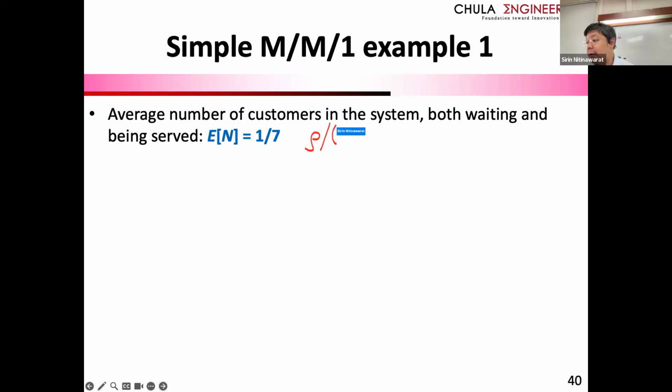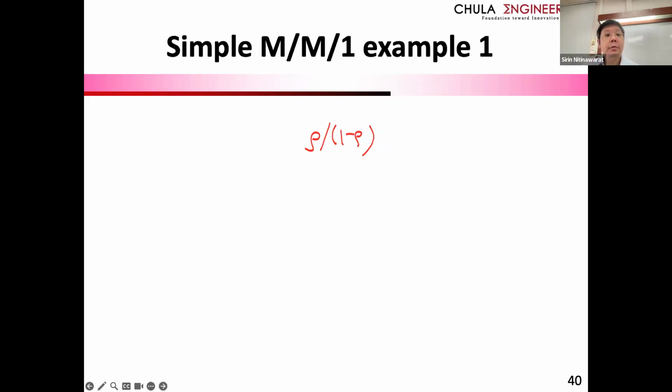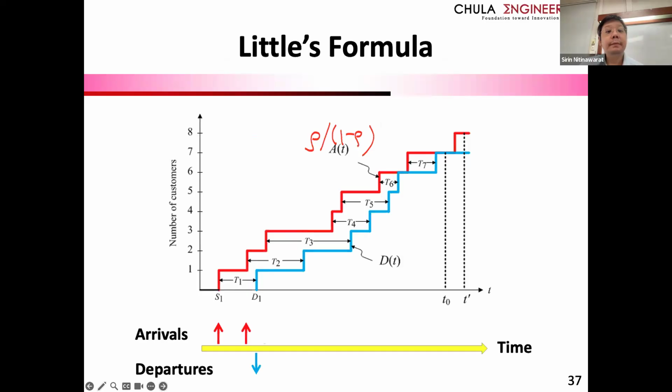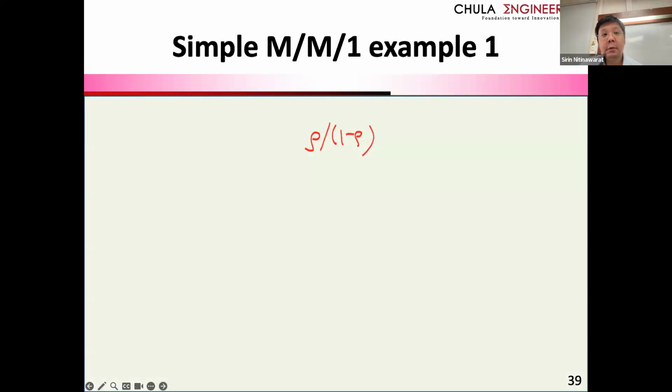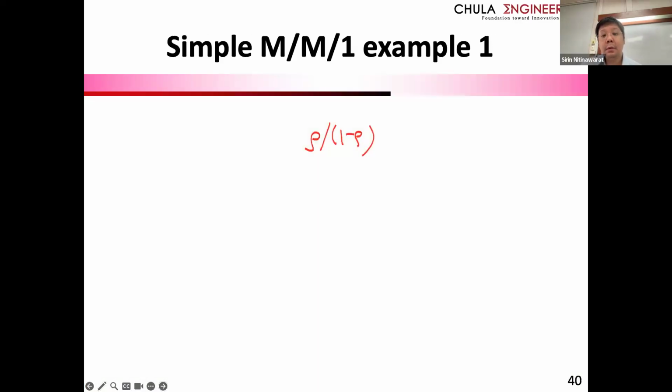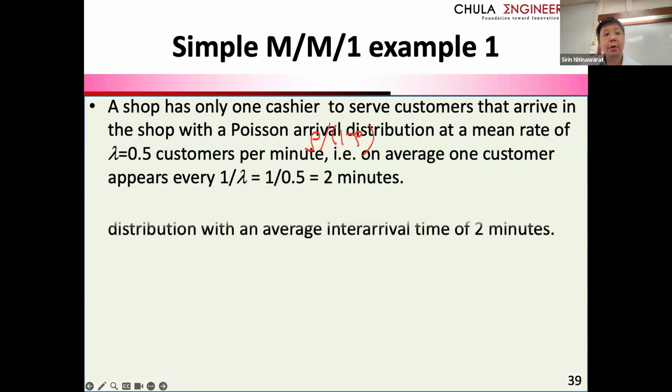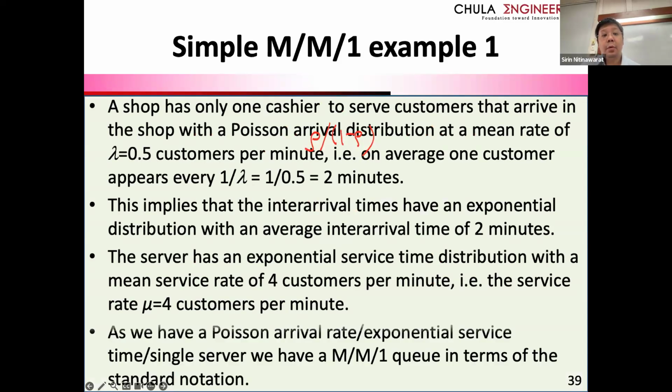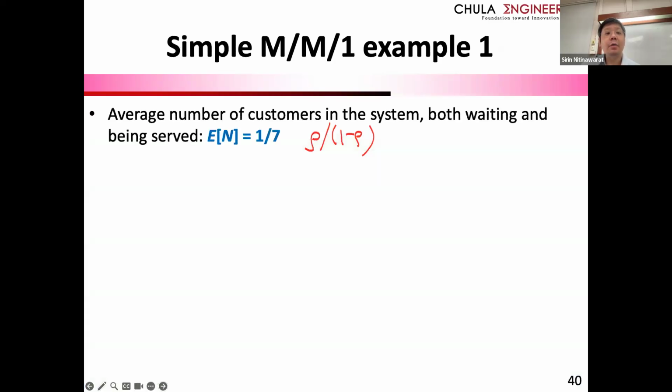What is rho? Lambda is a half. Mu is 4. So what is rho?